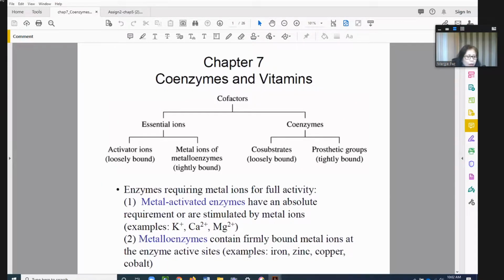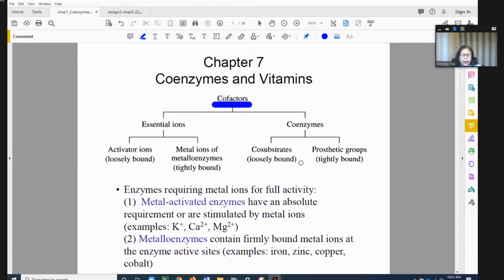So for chapter 7 on coenzymes and vitamins. Cofactors may be divided into two groups: those that are essential ions, of which most are metal ions, and those that are coenzymes that consist of organic compounds.